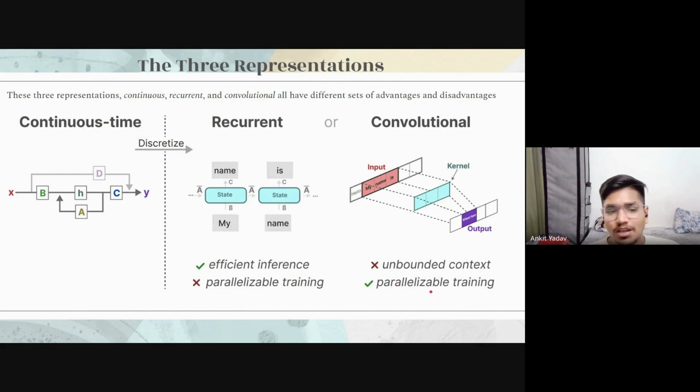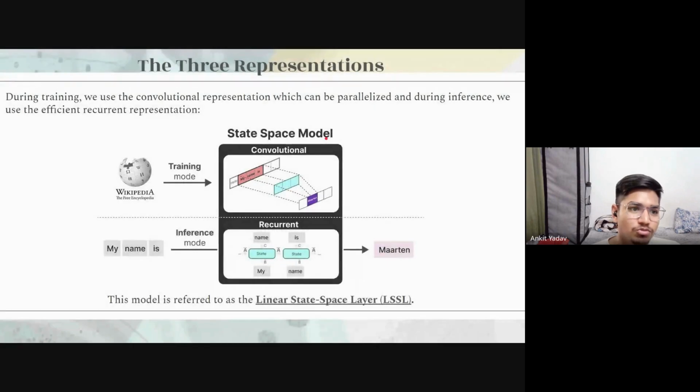The issue with this thing is, this is not unbounded. I mean, this is bounded by the context. I can't go beyond the size of this three. Kernels are not dynamic, they are static. They have to be defined earlier. So again, we have to figure out how to use these things.